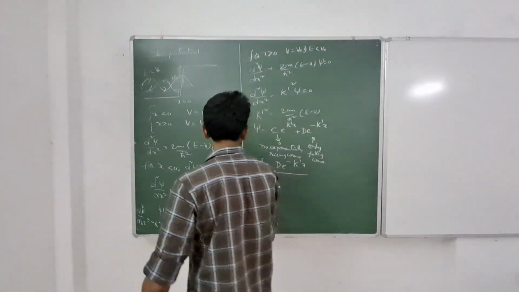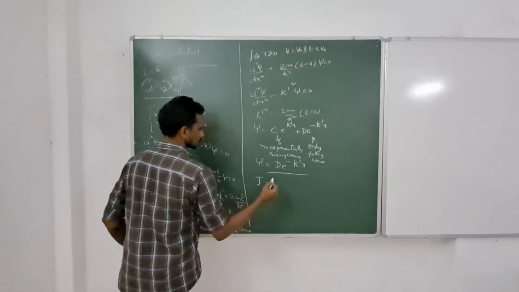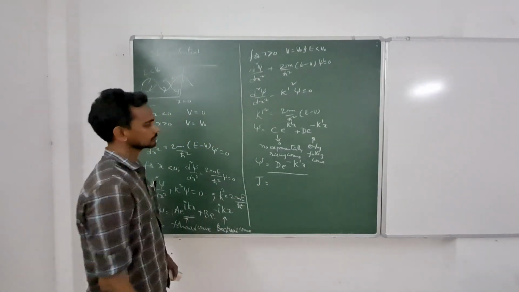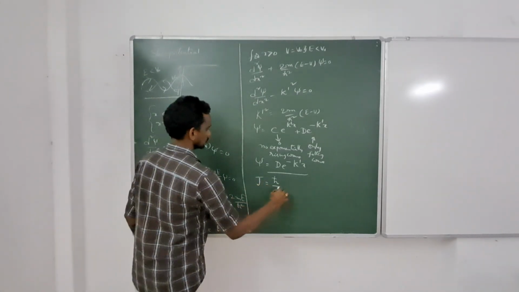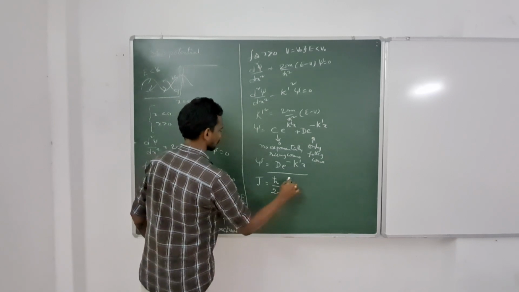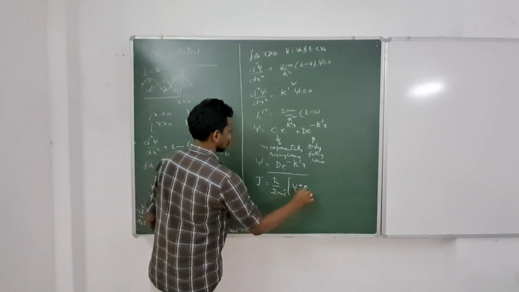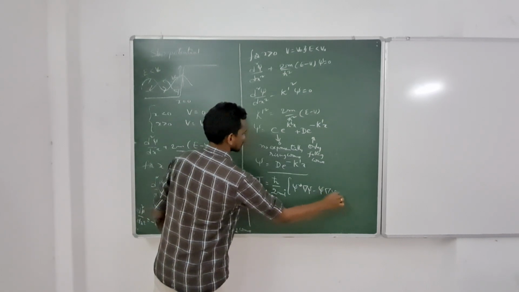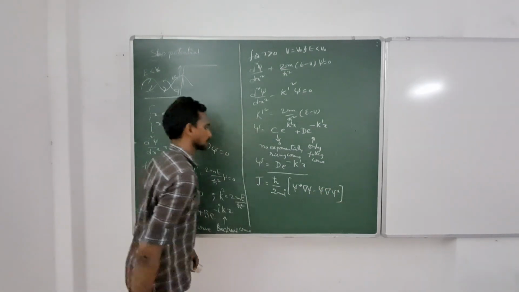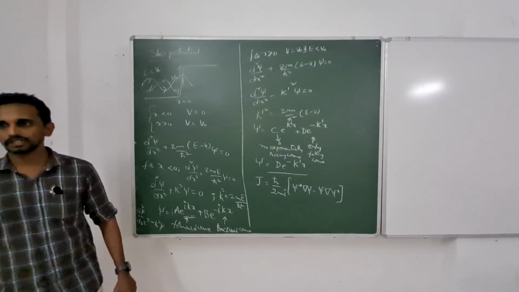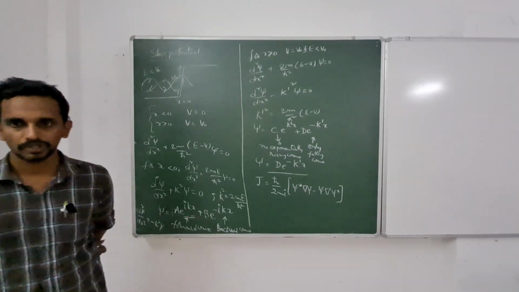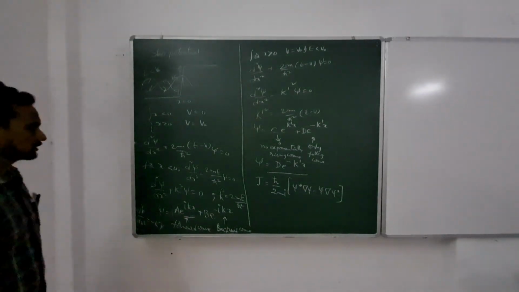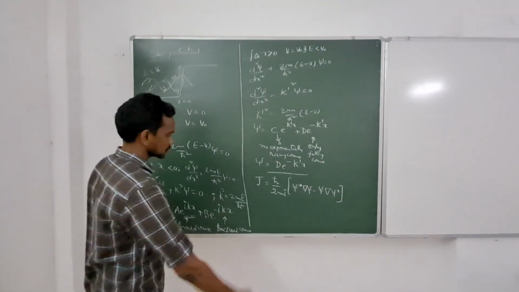Okay, so the current density, what is this current density equation? ħ by 2mi, ψ star del ψ minus ψ del ψ star. This is the current density equation. And we have to define transmission coefficient and reflection coefficient.